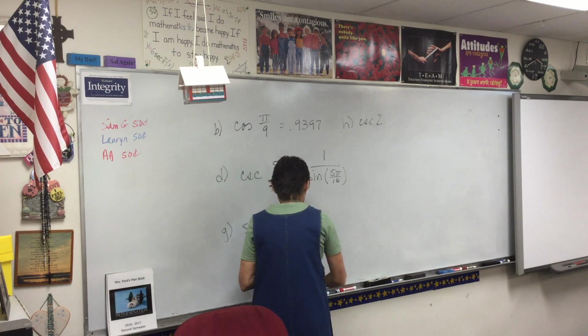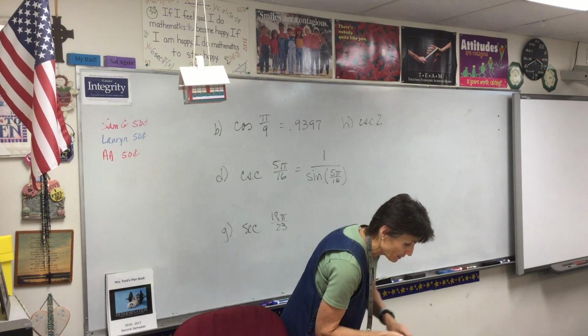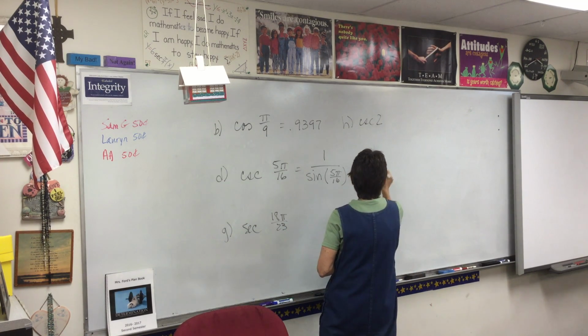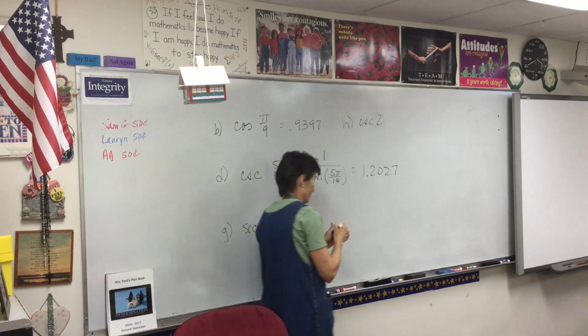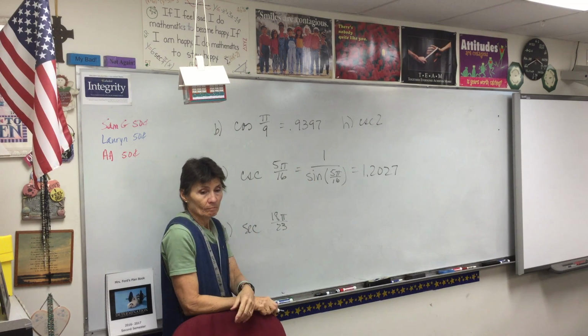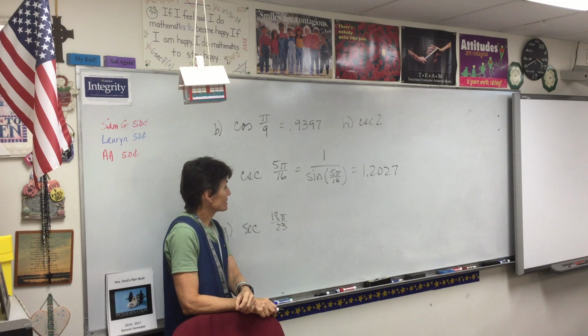Oh, I got 1.2027. Okay, 1 divided by sine, 5 pi over 16.